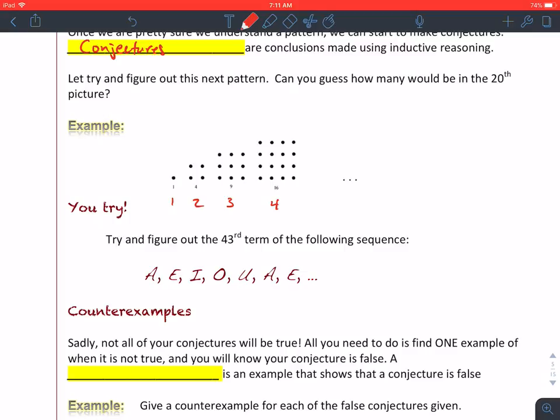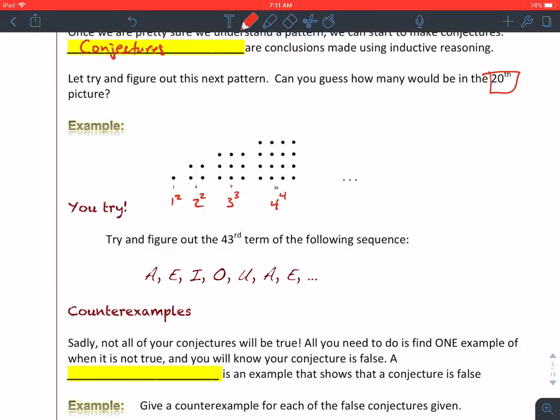So instead of us doing the next 2 terms, we want to find the 20th one. We don't want to draw the next 16 pictures. We want to make a conjecture and do this quickly. So if you look, 1 squared is 1, 2 squared is 4, 3 squared is 9, 4 squared is 16.